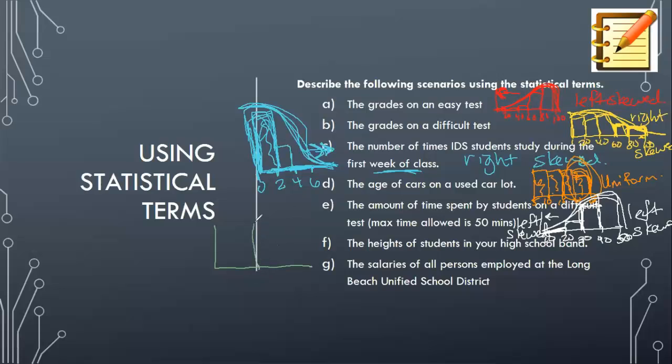So I think there's going to be a nice peak in the middle, and then it's going to go pretty much this way. Because usually with height, there's an average height, and then you have some that are taller, and some that are shorter. So this is going to be symmetric, where if I do this, it looks about the same on each side, right?